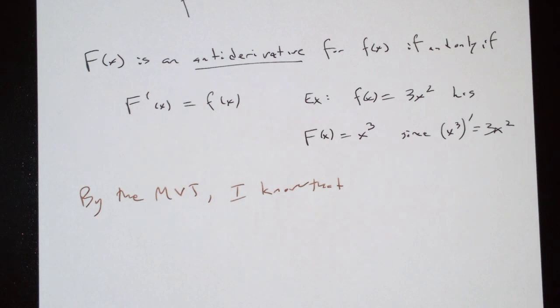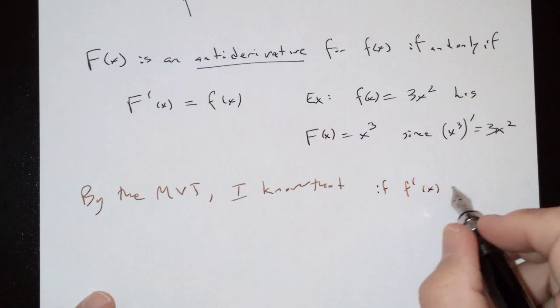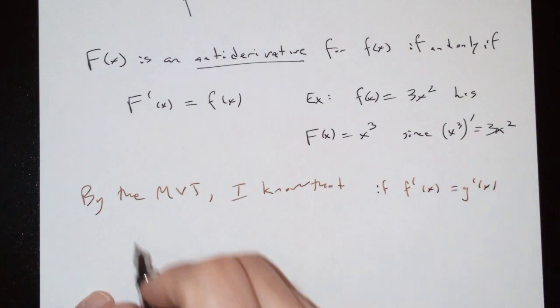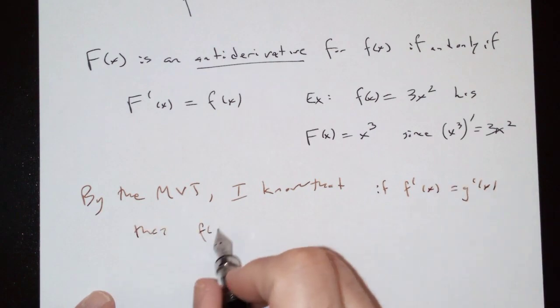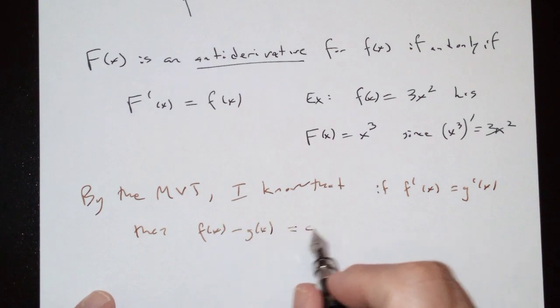The next one: if f prime of x equals g prime of x on that interval, then f of x minus g of x equals c. So if I have two things that have the same derivative, then the difference between the two original functions is a constant.